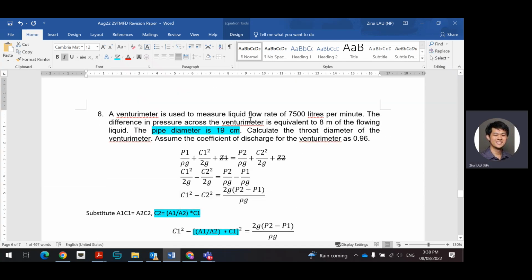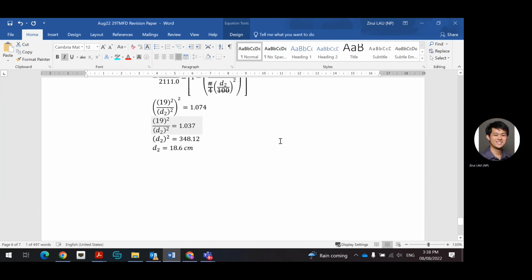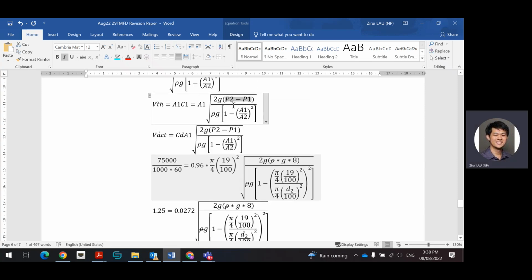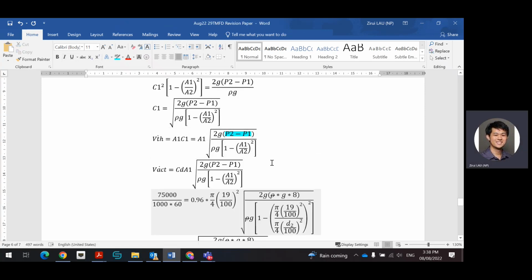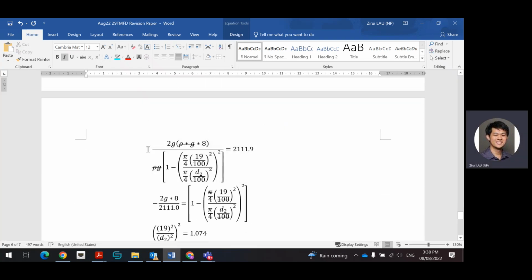The difference between the pressure across the venturi is equivalent to 8 meters of the flowing liquid. Before the venturi is P1, after is P2. So which one is bigger? P1 is bigger, right? So if I use P1 minus P2, this should be a negative sign. So there should be a negative here.